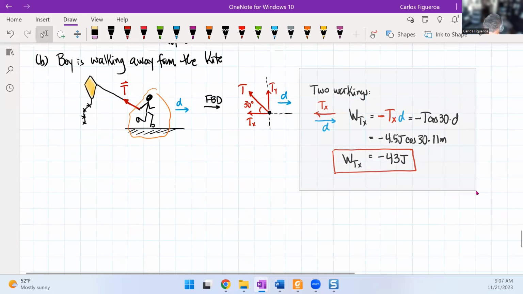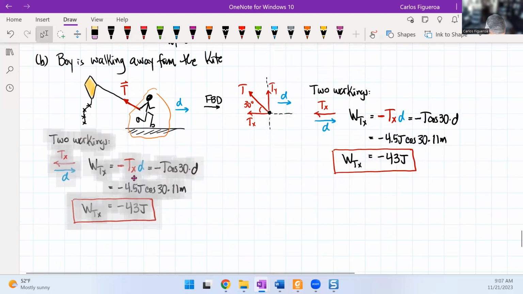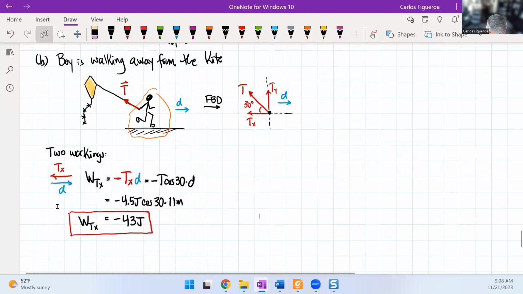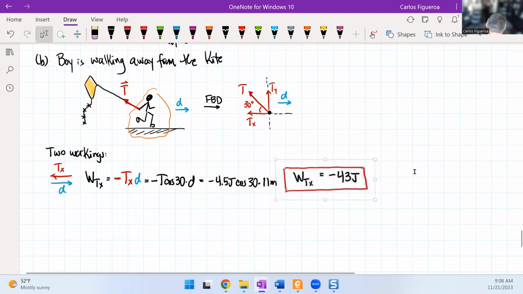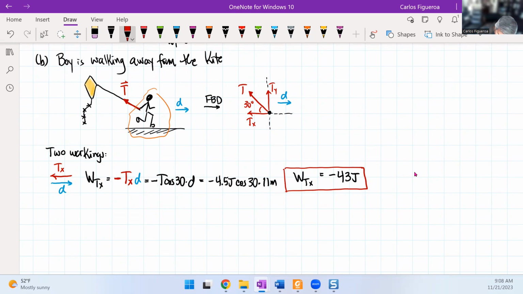I'm going to get scrunched up over here. So I'm just going to move this right over here so that I don't scrunch everything up. So in this case, what actually happens? There's energy being taken out of the system.